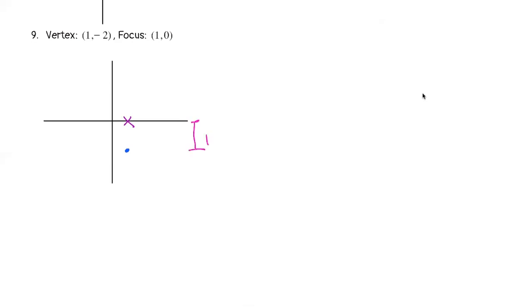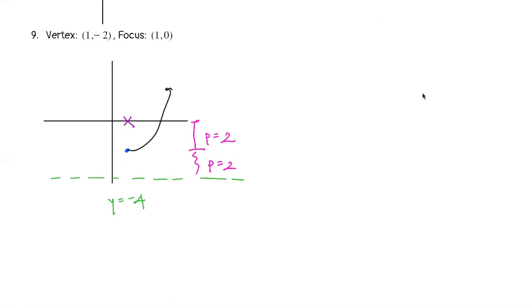That's a good thing to know because that tells you p. Well, I counted up 2 boxes to get there, all right? Which means that if I wanted to find the directrix, I would count 2 in the other direction, right? So this is also p. And we know that this equation would be y equals negative 4 because I counted down another 2.